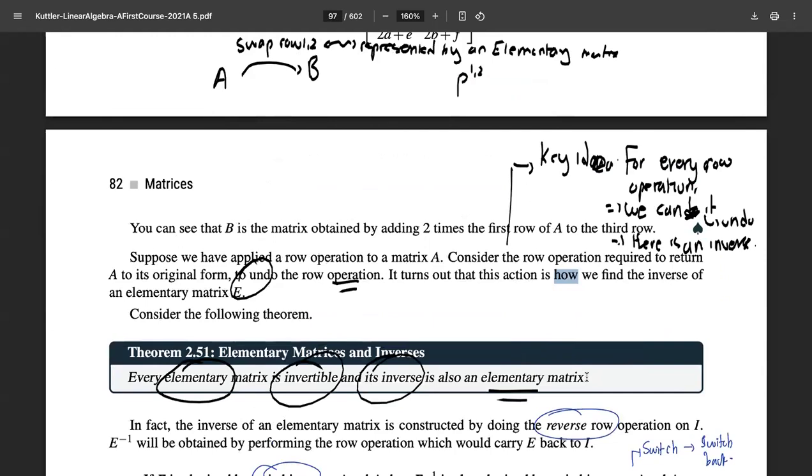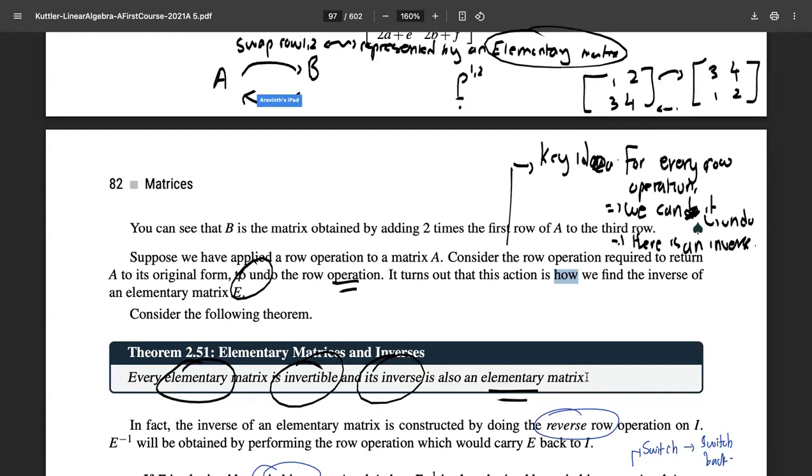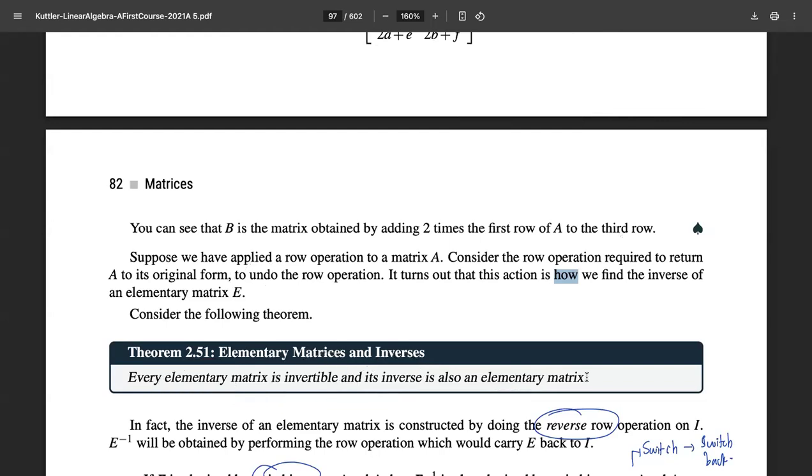And now if I want to undo that, say I had 1, 2, 3, 4, and I swapped rows 1 and 2, I get 3, 4, 1, 2. All I have to do is swap row 1 and 2 again. And swapping row 1 and 2 is exactly this elementary matrix again. So the inverse of an elementary matrix is also an elementary matrix. That's an important fact that we want to know.